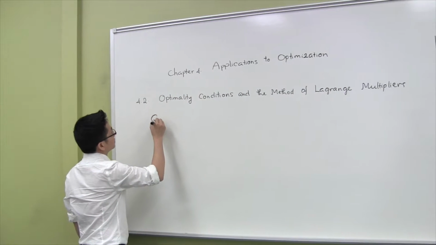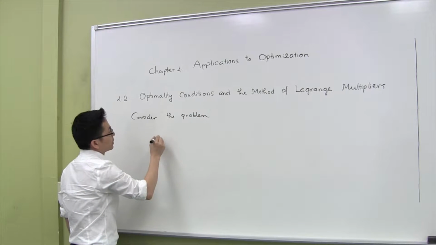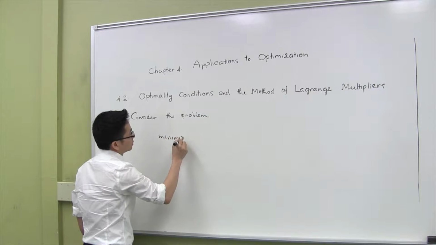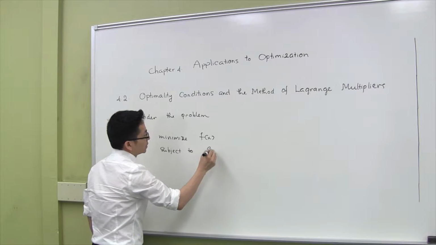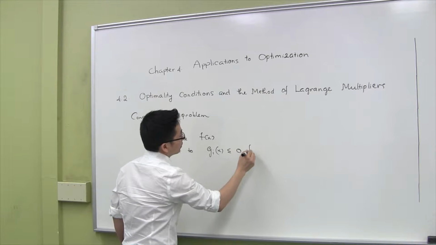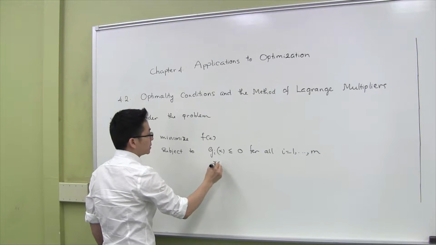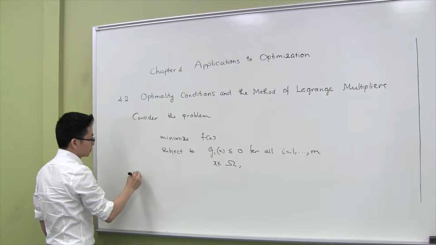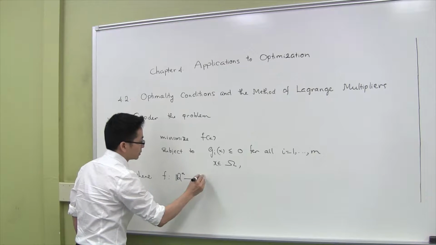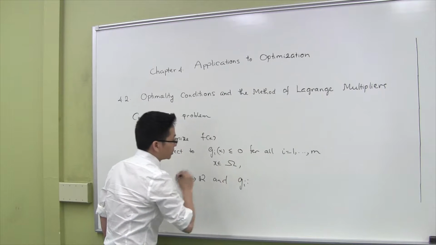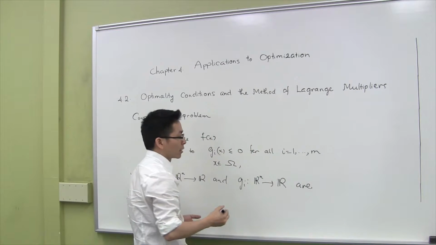So we consider the problem: minimize f of x subject to gi of x is less than or equal to 0 for all i from 1 to m, and also x is in omega, where f is a function from Rn to R, and gi are functions from Rn to R, and we assume that they are convex.